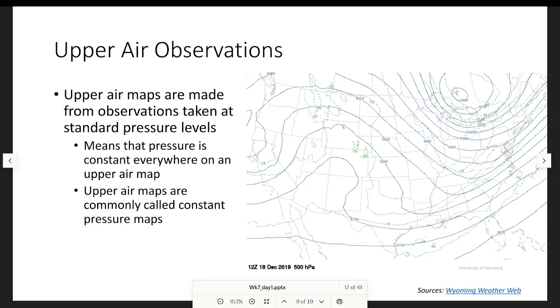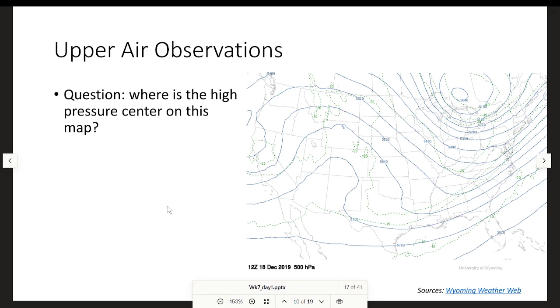So it's lower in the atmosphere up here than it is up here. It's like a literal bubble of air where the atmosphere is higher; the same pressure level is higher over here than it is over here.